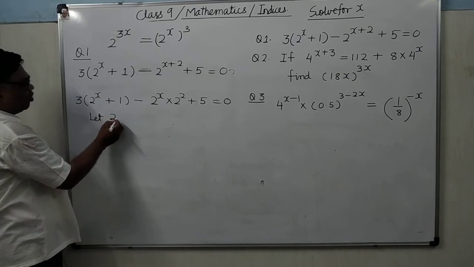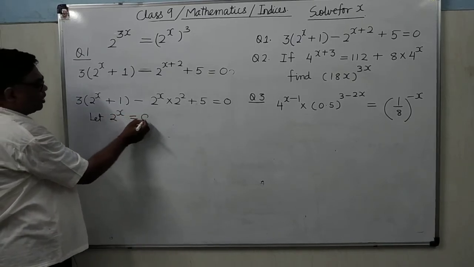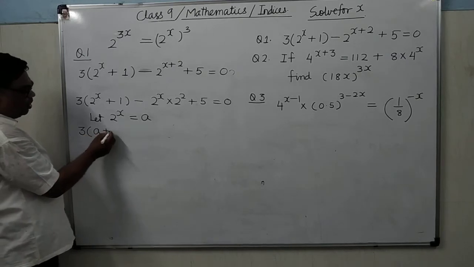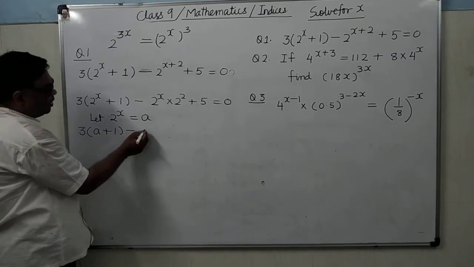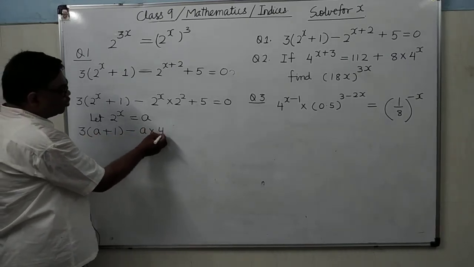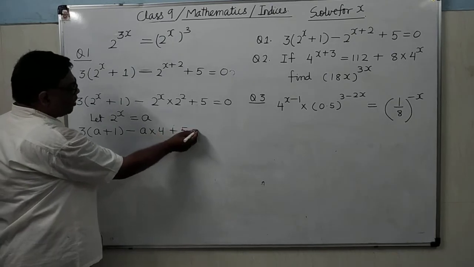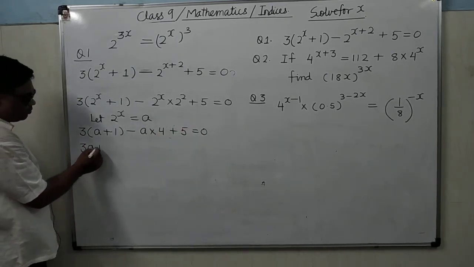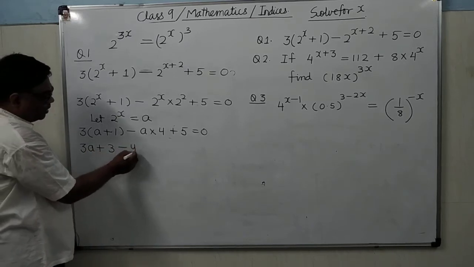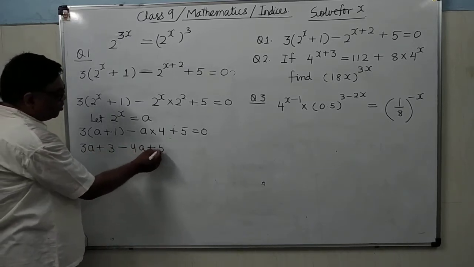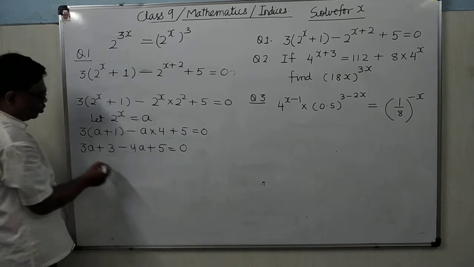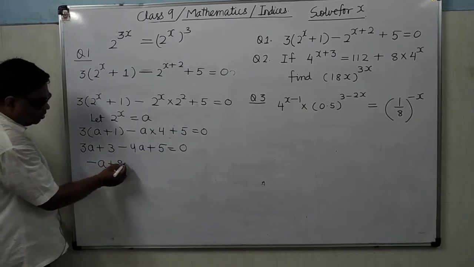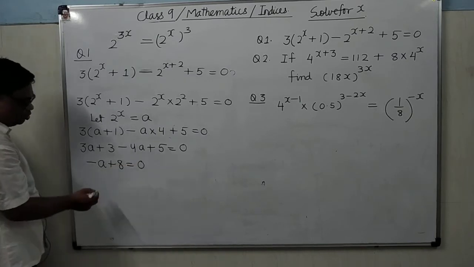So now 2 to the power x you take equal to a. So when you take it equal to a, 3a plus 1 minus a into 2 square 4 plus 5 equals 0. So it is 3a minus 4a plus 5 equals 0. 3a minus 4a is minus a, so minus a plus 8 equals 0.